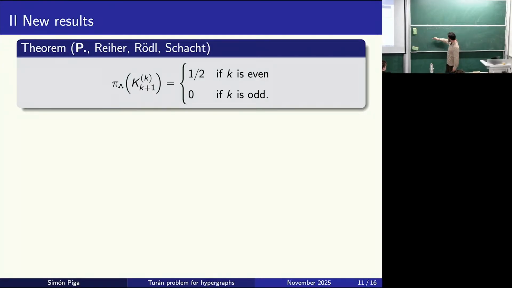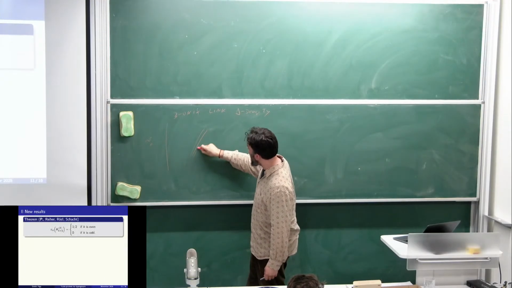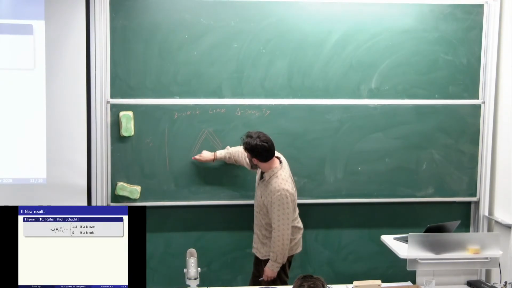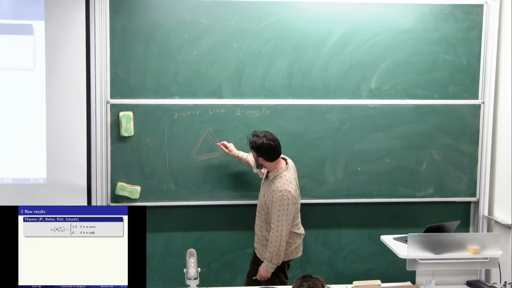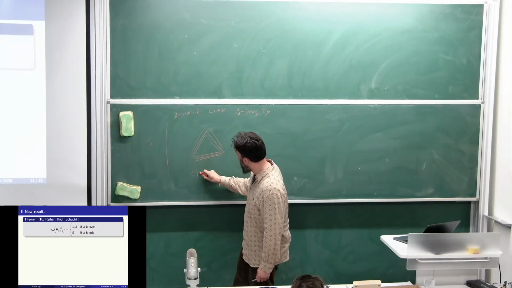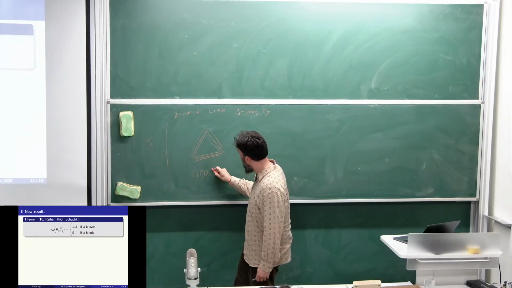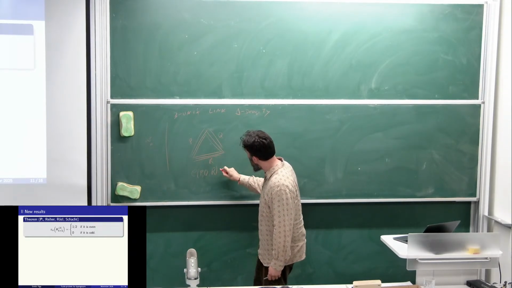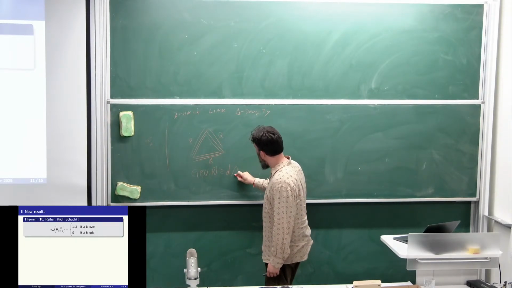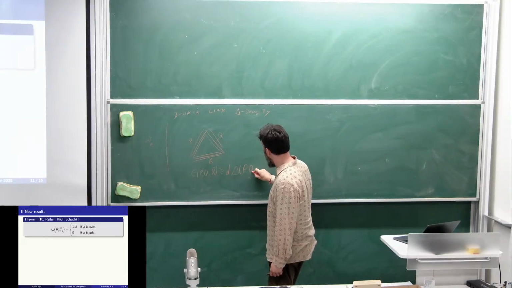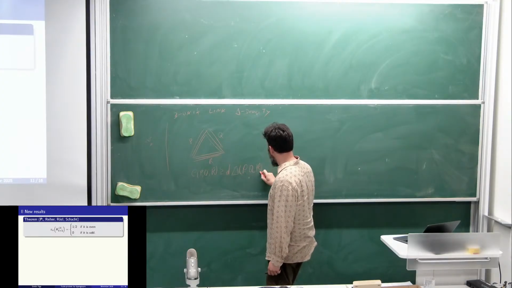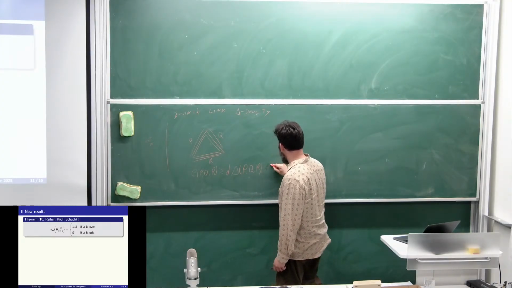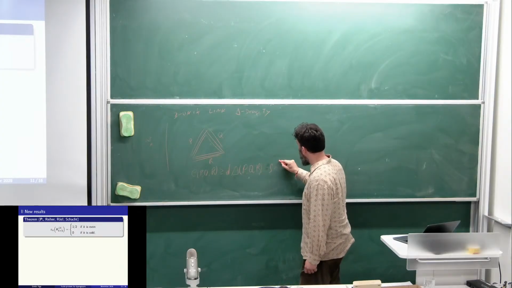And this triangle density means that if you take any 3 set of pairs like this, P, Q, and R, the number of edges among this set of pairs is at least a d proportion of the number of triangles in P, Q, and R, plus or minus an error, to the 3.